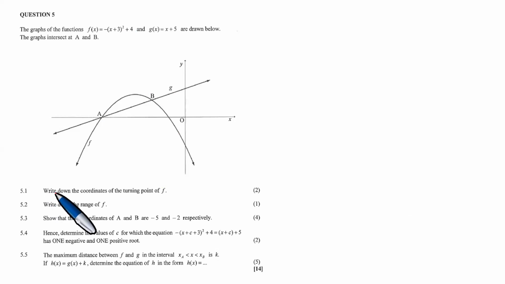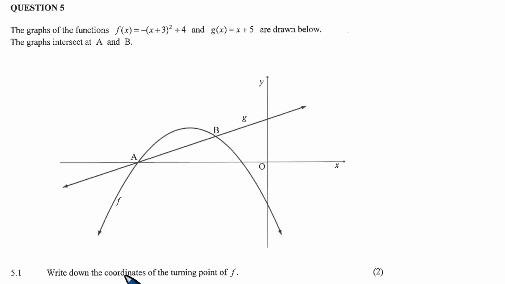We need to be able to write down the coordinates of the turning point of F. How do we write down the coordinates of the turning point of F? Right, first things first, we have the function f of x, which is minus into x plus 3 plus 4. Ordinarily, we need to write this in the form.